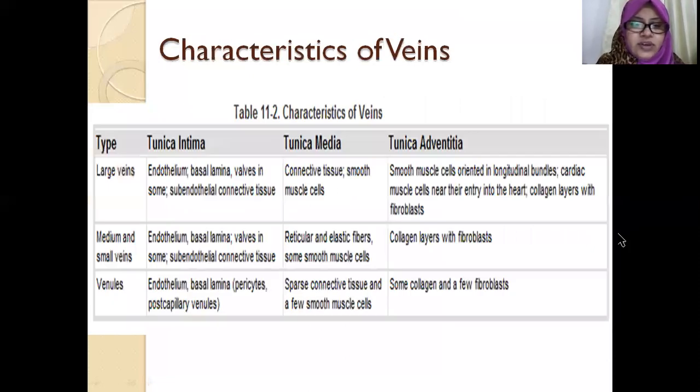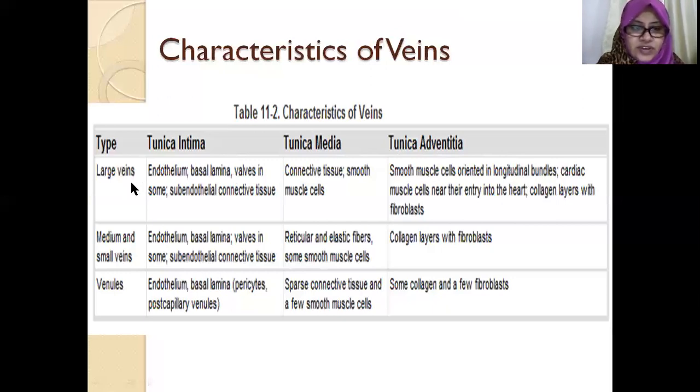In this table, we can see the characteristics of veins. Like arteries, a vein also has three tunicae or layers from inner to outer: tunica intima, tunica media, and tunica adventitia.